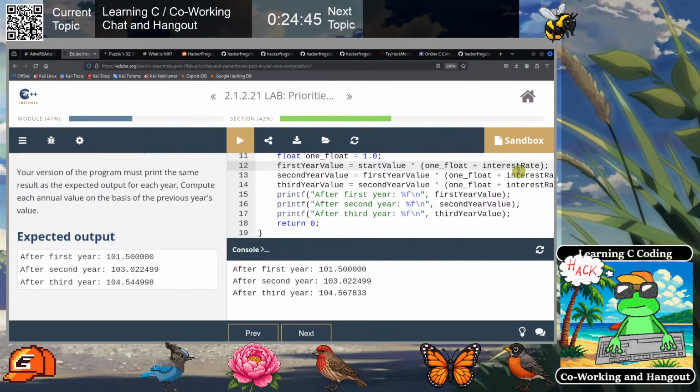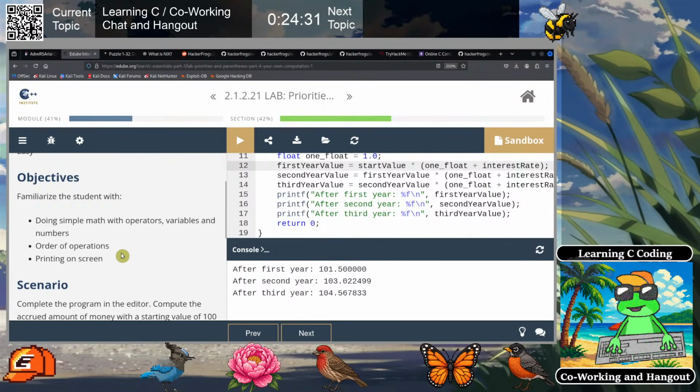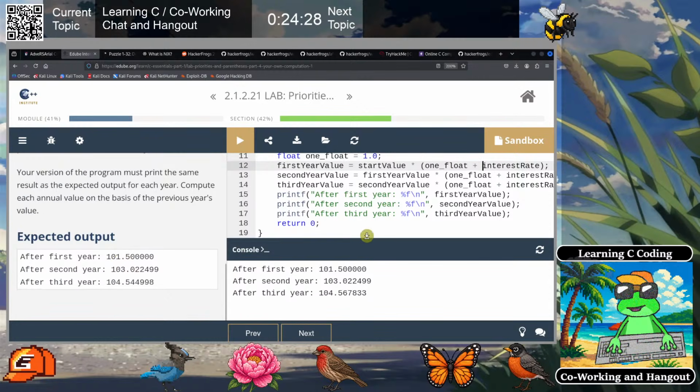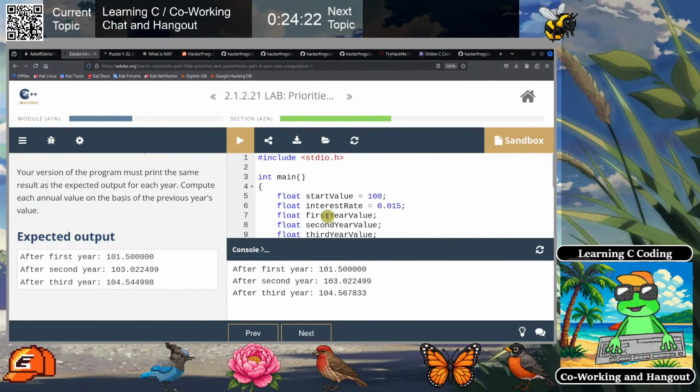Wait, maybe we should increment the... no, incrementing the interest rate will modify its value. We don't want to do that. Okay, so maybe this is a question we want to ask the AI.